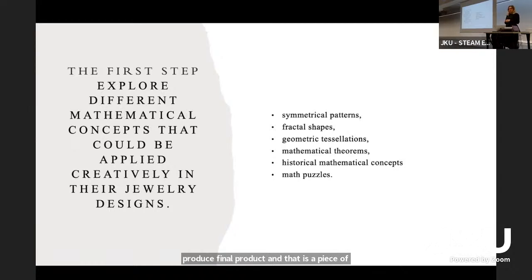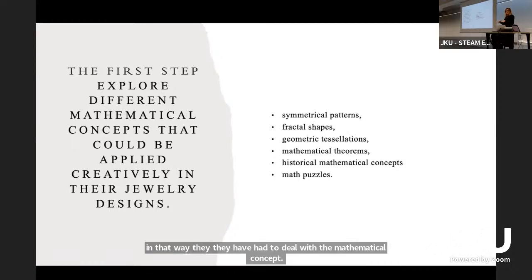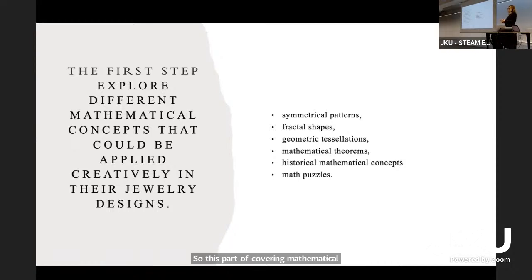In that way, they had to deal with mathematical concepts. This part of covering the mathematical curriculum, what is required to do in the classroom, was covered, and we didn't miss mathematics. Actually, we had a lot of mathematics during this process.